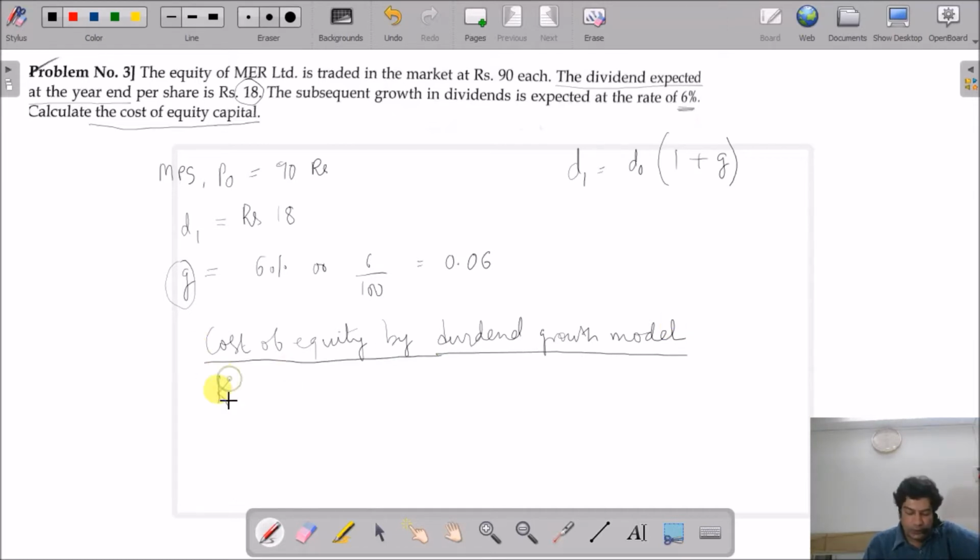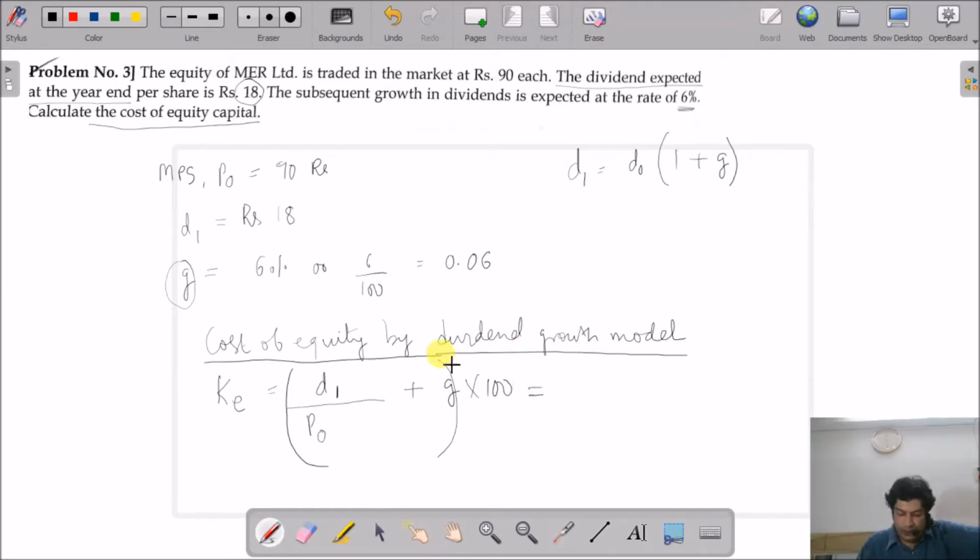So cost of equity by dividend growth model will be D1, that is your future dividend, divided by P0, which is your current market price, plus the growth rate. And this entire thing we are going to multiply by 100 so that we get the answer in percentage.